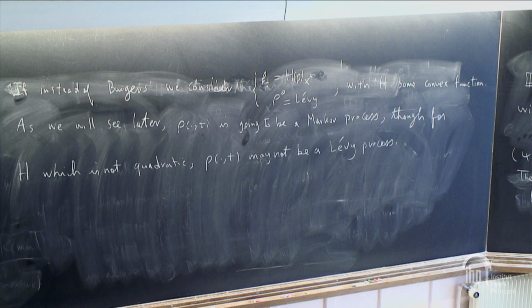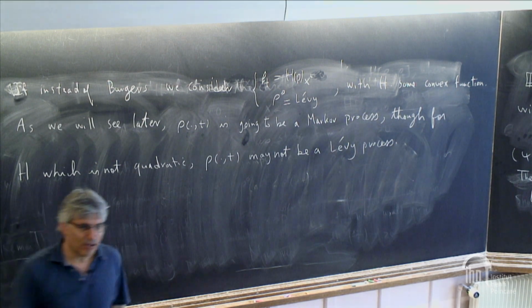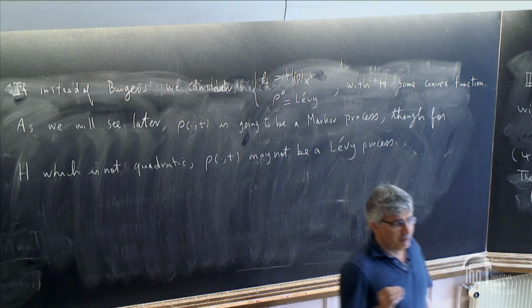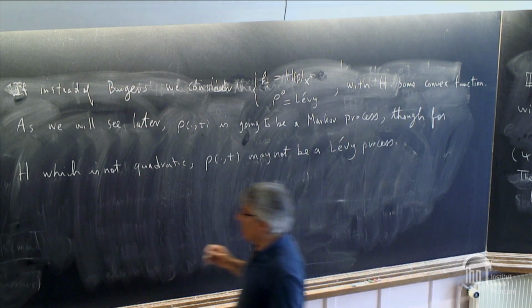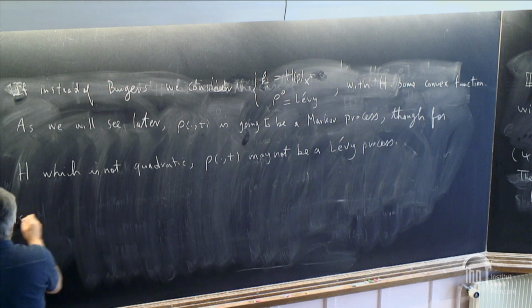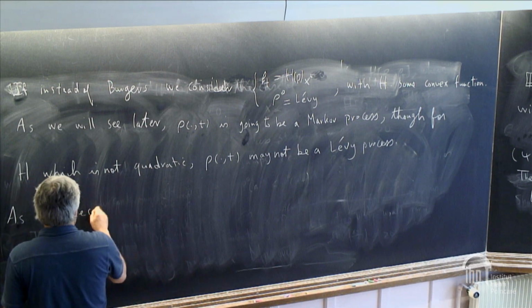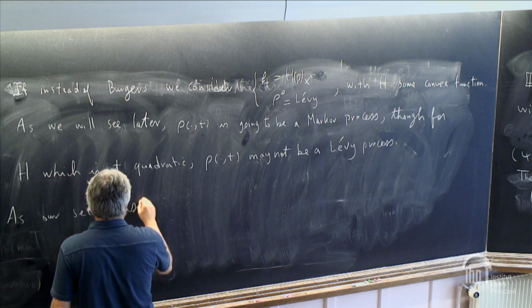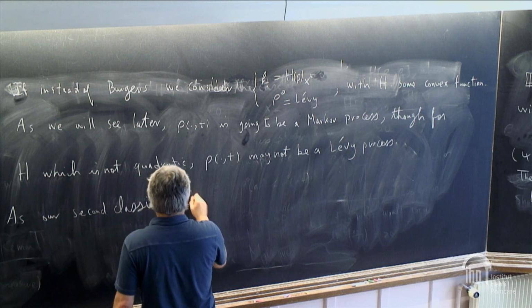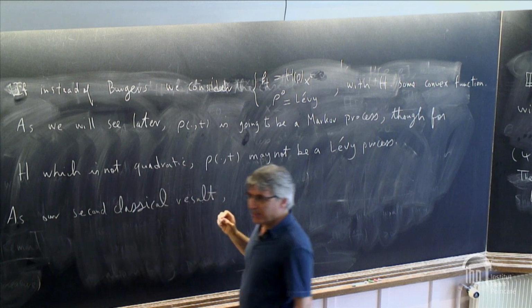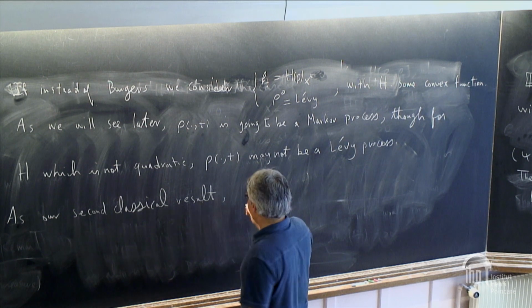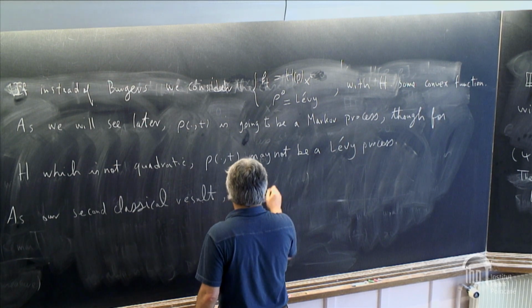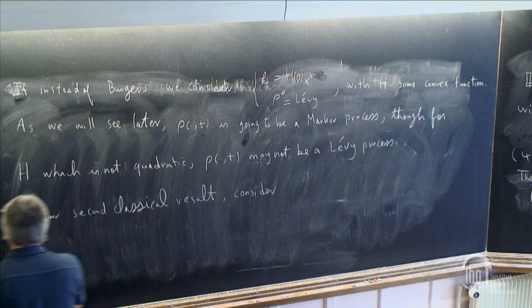So that's the first set of classical results that you can say about the Burgers' equation that is rather well understood when the initial condition is random. Now, the second example, as our second classical result, consider an initial data that is white noise. Consider Burgers' equation.